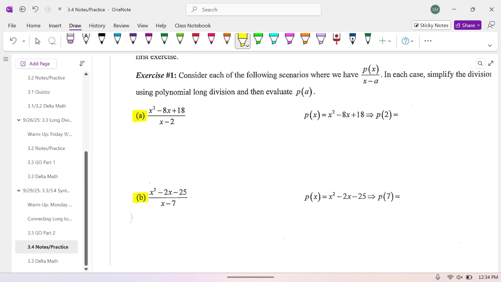You don't need to do the right side, we'll do that evaluation together. I just want you to do the division. You can pick to do it with long division or synthetic. In your groups, work together and figure out what the quotient is for A and for B.